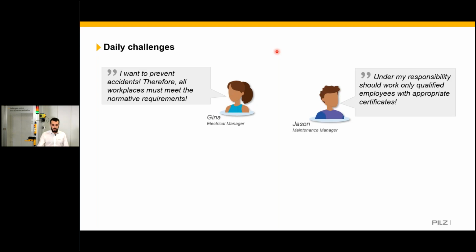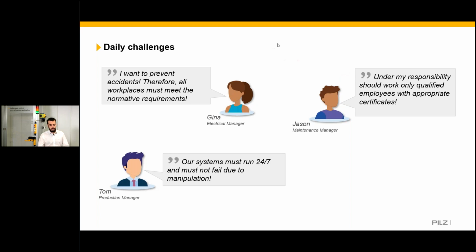The second statement comes from the maintenance manager, and it basically says that under his responsibility, only qualified employees with the appropriate certifications and appropriate training can have access to the machinery.